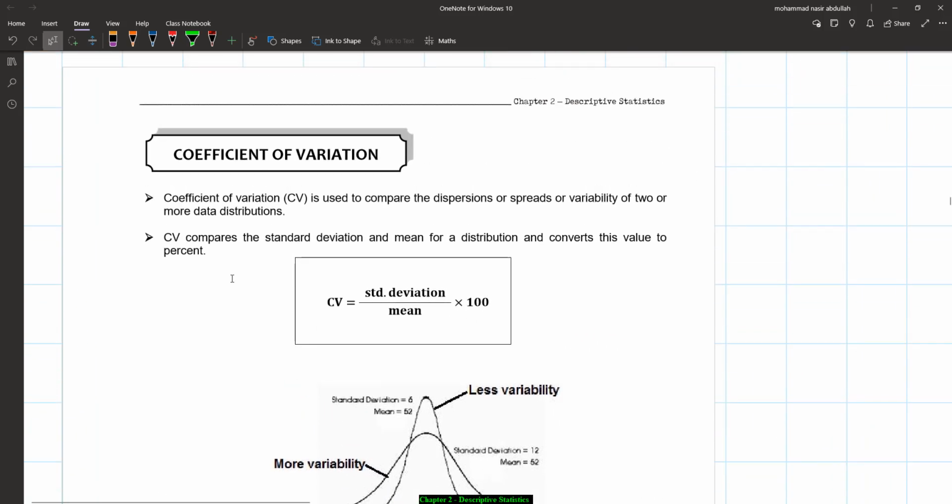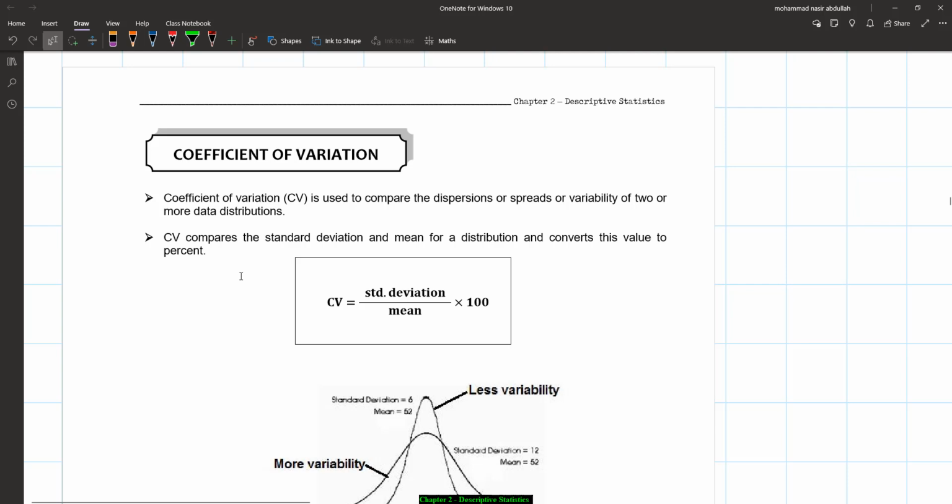So last topic, we already discussed mean and standard deviation, and how important standard deviation is to describe the distribution of two distributions.